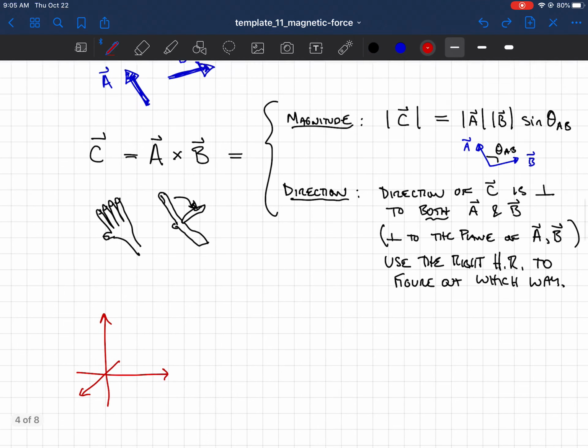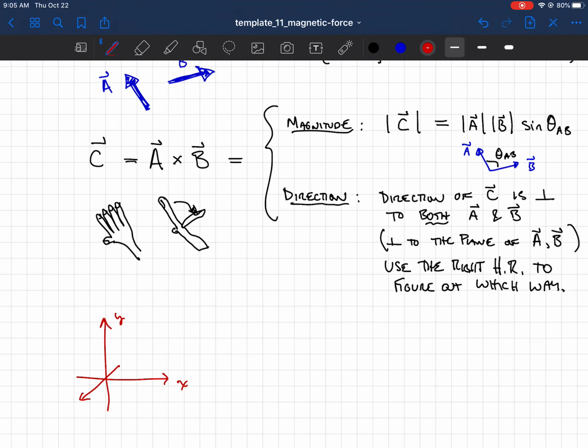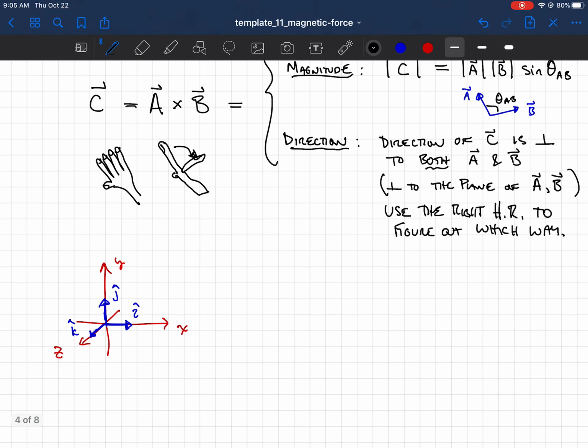So if we have x, y, and z, the i hat vector points along the x direction, the j hat vector points along the y direction, and the k hat vector points along the z direction. So what are the cross products of those vectors? Well, first let's try them with themselves. So what is, for example, i hat cross i hat?